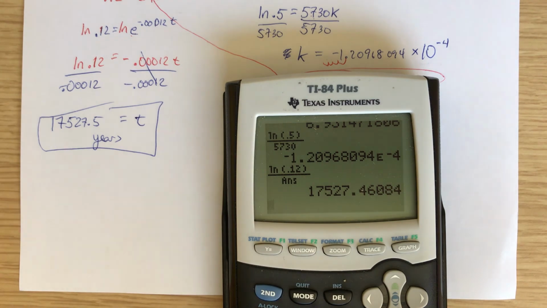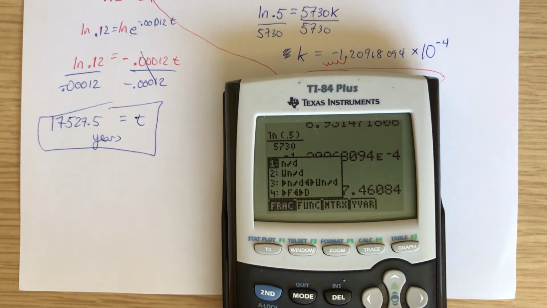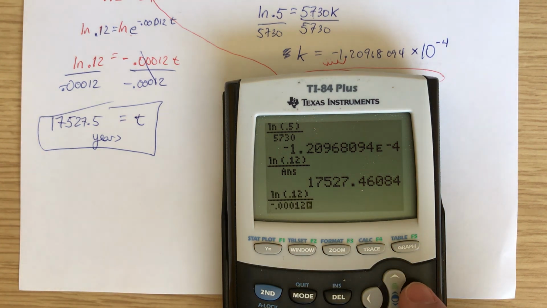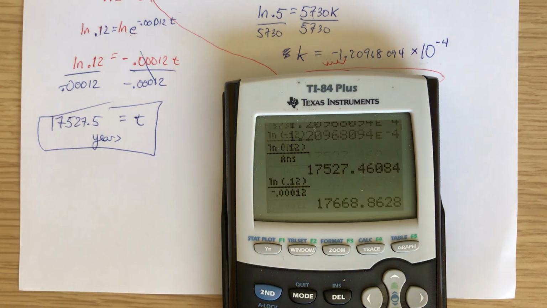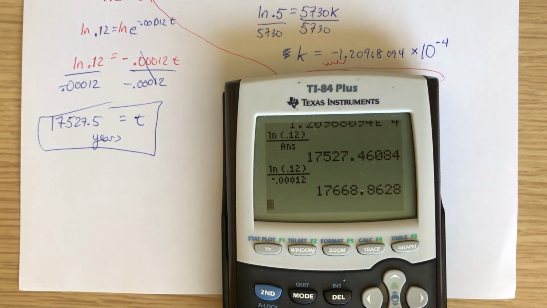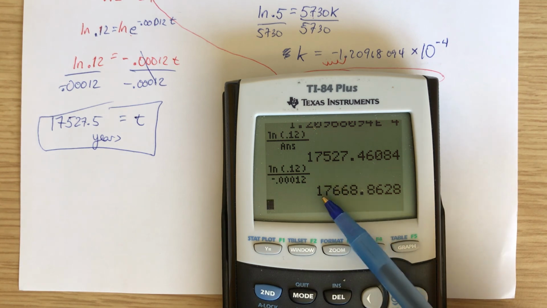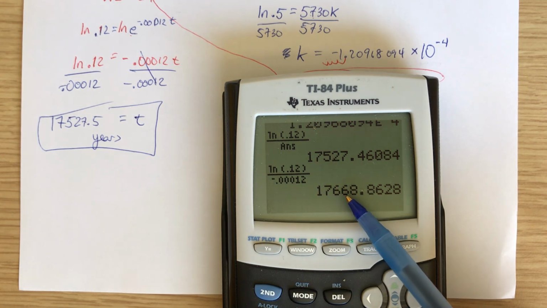Let's say I did the calculation though, and I rounded it more. So let's say I did ln of 0.12 divided by negative 0.00012. Does that make a difference? And actually, if you look at the answers, well, they're both 17,000, but this is like 141 more years.